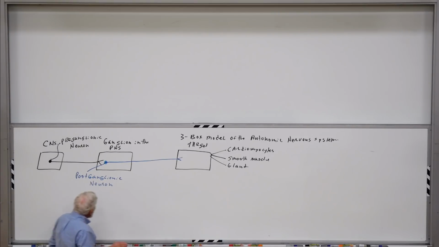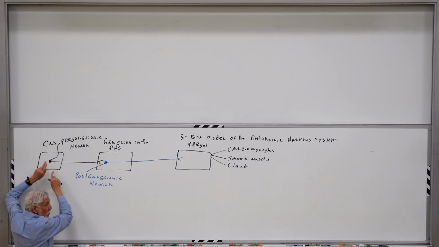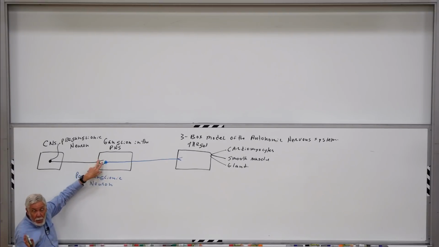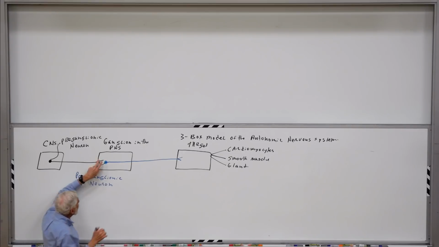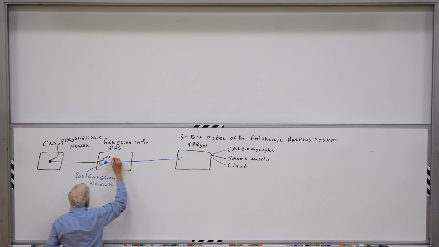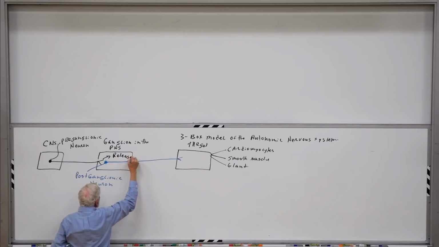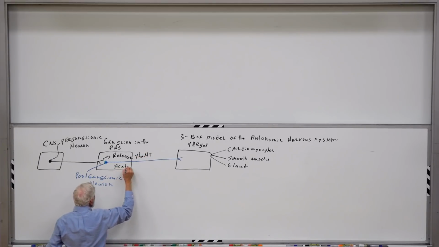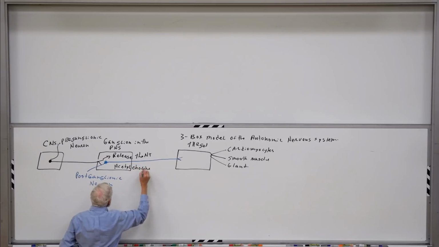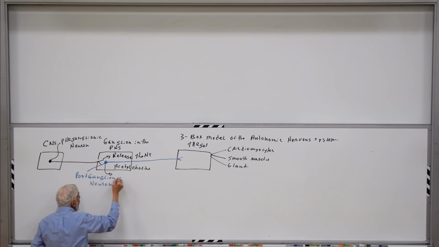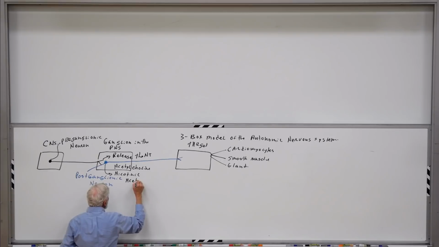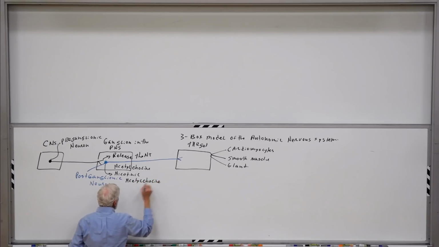Well, we can further generalize this, and we can say that whenever we have a synapse between a preganglionic neuron and a postganglionic neuron, regardless of whether we're talking about the sympathetic or parasympathetic branch, always at this site, we release the neurotransmitter acetylcholine. And always at this site, there are nicotinic acetylcholine receptors.